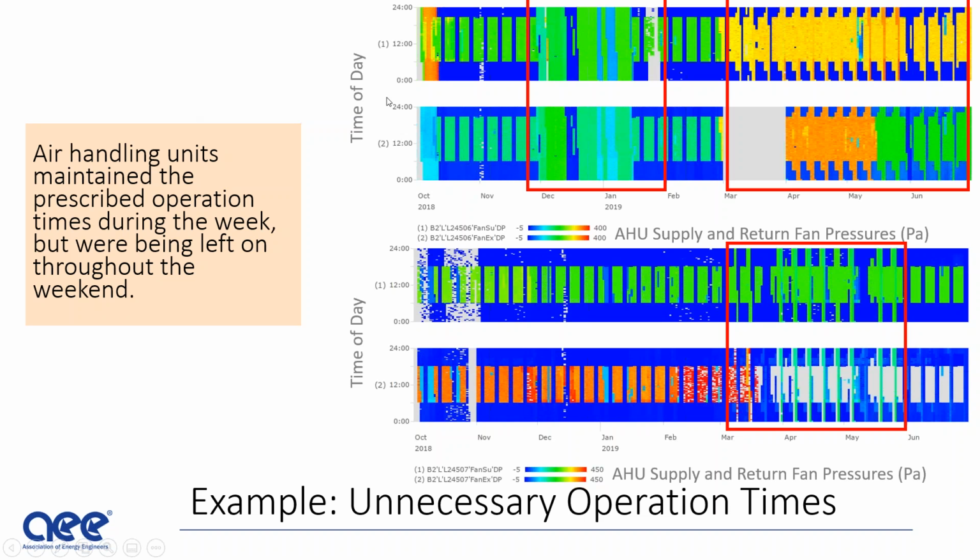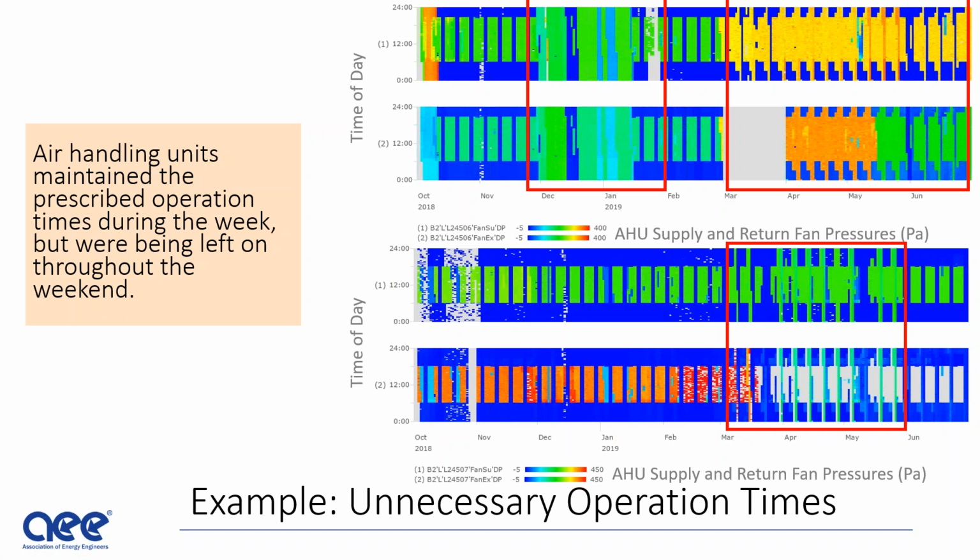In this case, from midnight, so from early morning all the way through noon and through the end of the day. And we're looking at supply fan and return fan pressure, or duct pressure. And what we can glean from that is when this air handling unit is operating and when it's not operating. And looking at the scale down here, blue is when the pressure is extremely low, around 0, indicating the unit's off.